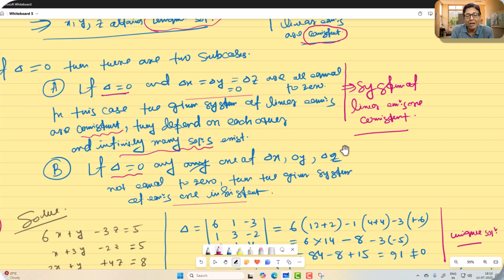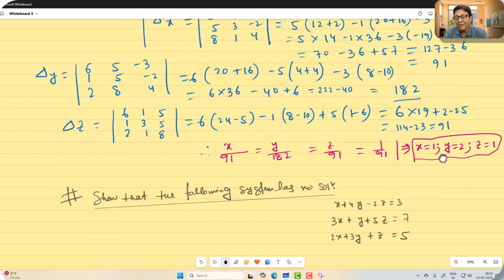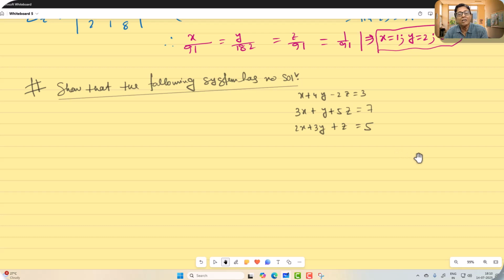Delta is 0 and any one of these is not equal to 0. Maybe two of them or three of them not equal to 0. Then the system of equations is inconsistent. So we are going to apply the condition over there to check whether a solution exists or not.